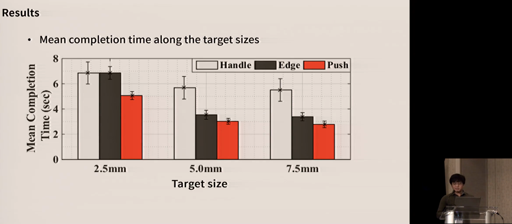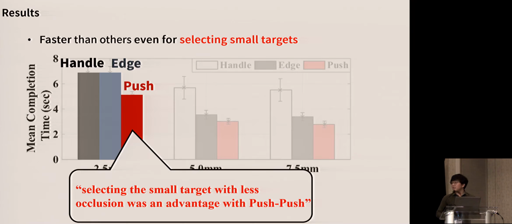For the mean completion time along the target sizes, push-push also had an advantage on performance while selecting small targets. Some participants mentioned that selecting a small target with less occlusion was an advantage of using push-push.